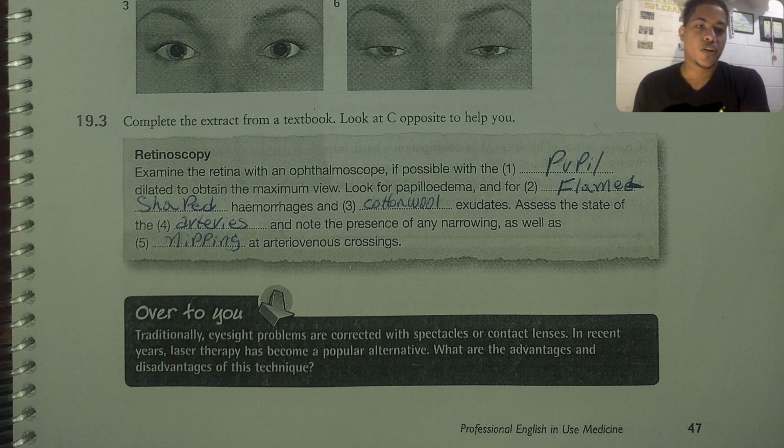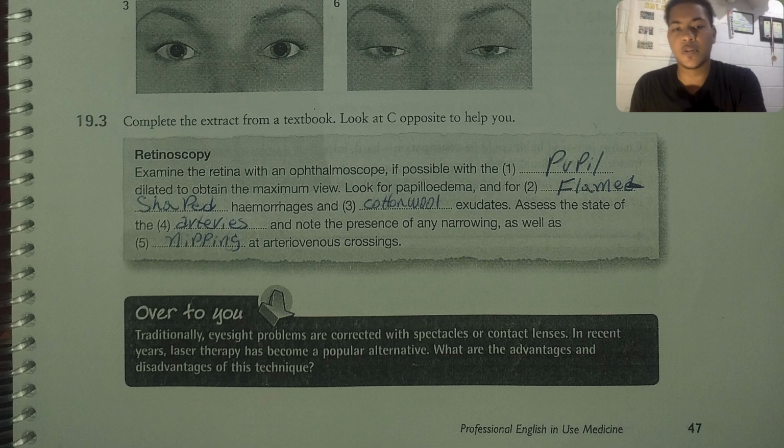Exercise 19.3. Complete the extract from a textbook. Look at C opposite to help you. Retinoscopy. Examine the retina with an ophthalmoscope, if possible with the pupil dilated to obtain the maximum view.